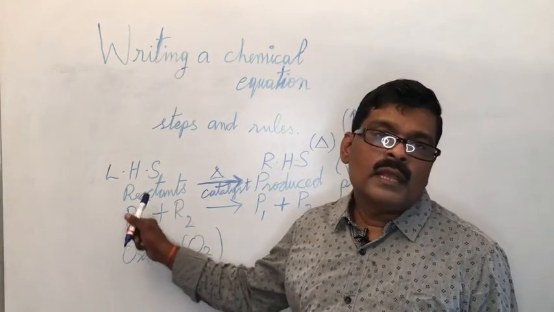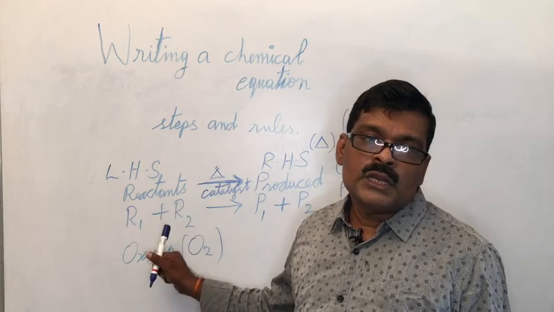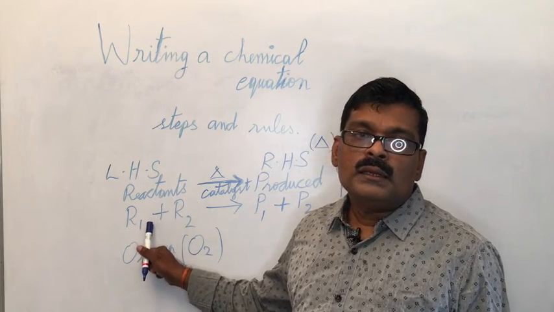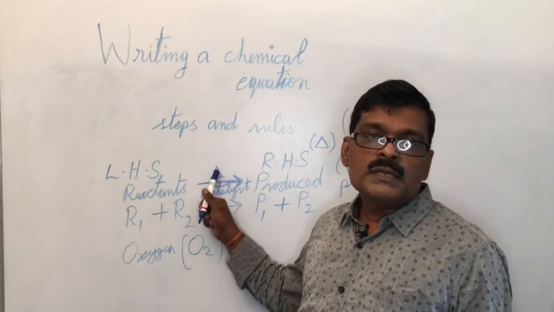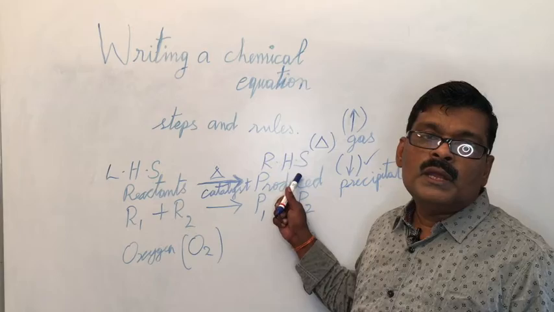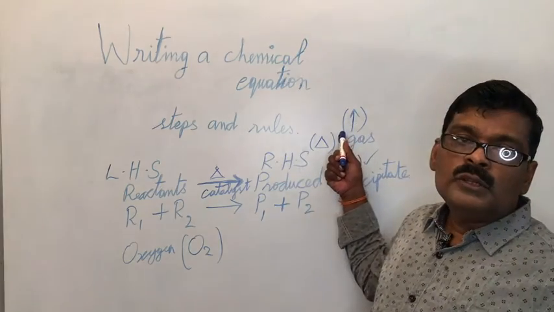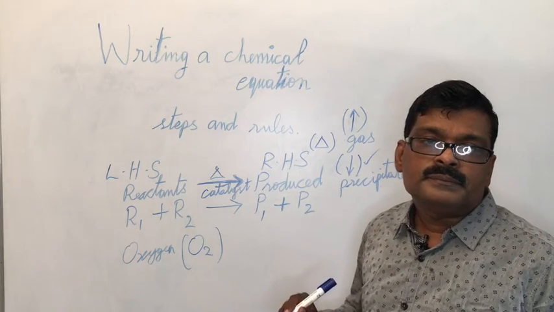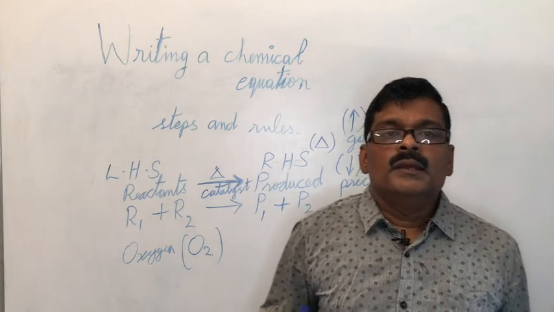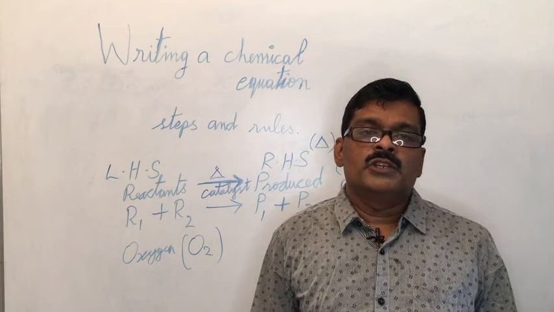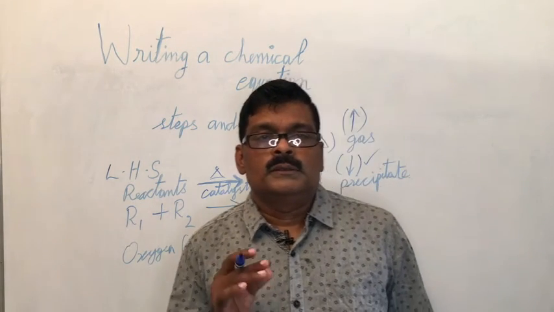Like this, we can write any chemical equation with its molecular formula, with the heat exchanges, catalyst used, and the products formed. If it is gas, an upward arrow; if it is a precipitate, a downward arrow. These are the pieces of information we can give to make a chemical equation more informative.